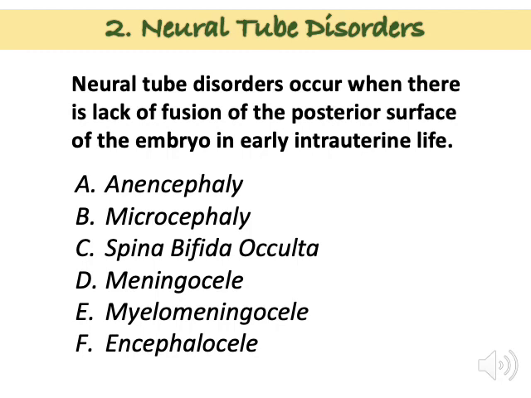So what are these different neural tube disorders? Anencephaly, microcephaly, spina bifida occulta, meningocele, myelomeningocele, and encephalocele. These disorders may be inherited, so the risk of bearing a second child with a neural tube disorder once one child is born with it increases.